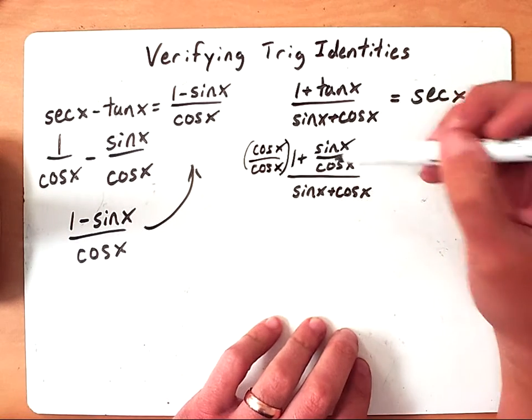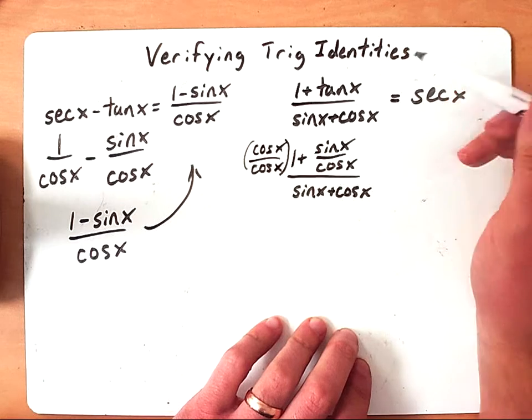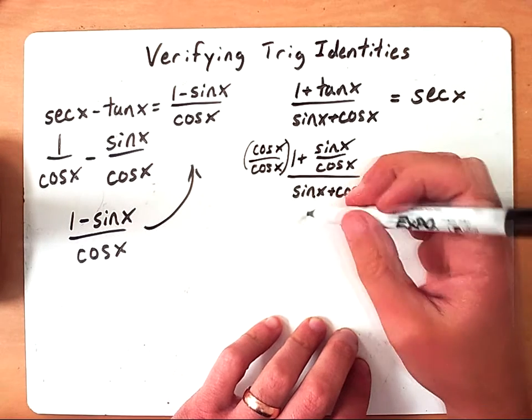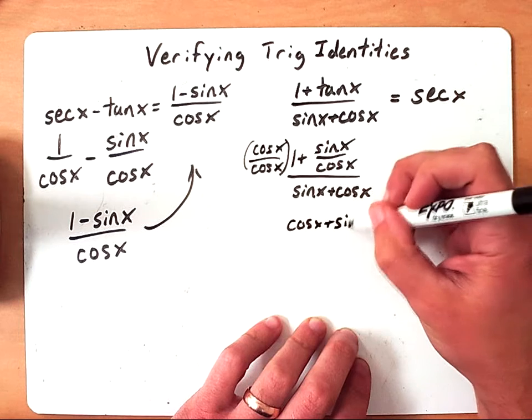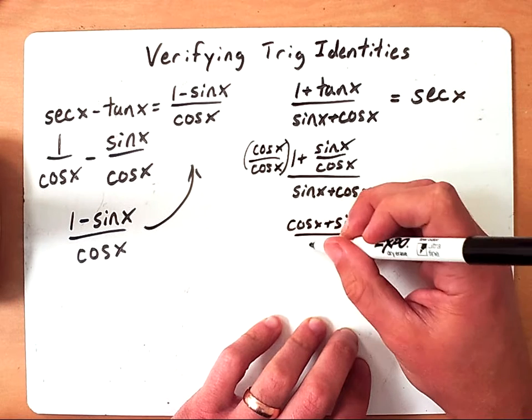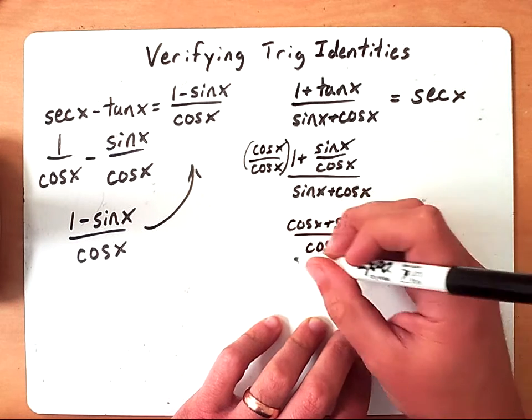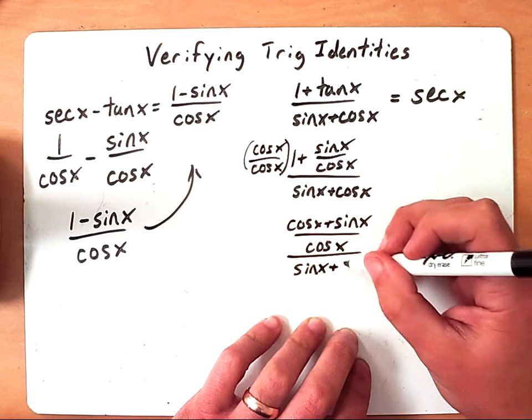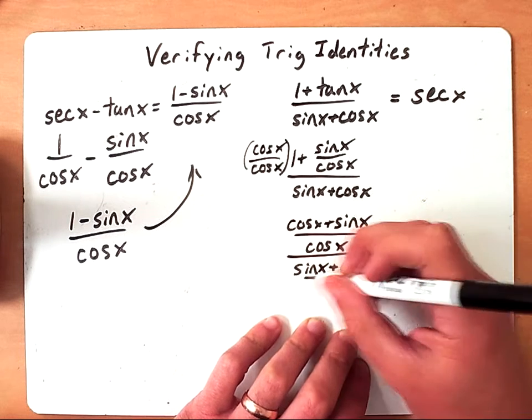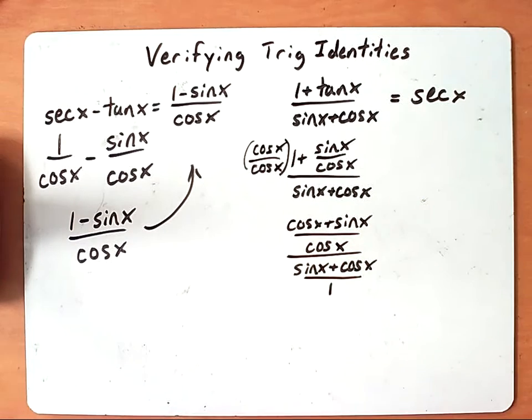So if I write 1 as that, I can then add it to sine over cosine. So this would give me cosine of x plus sine of x over cosine of x, over sine of x plus cosine of x, and that would technically be over 1.